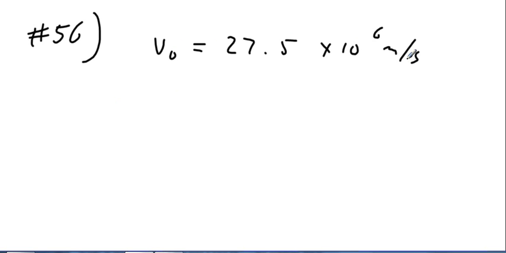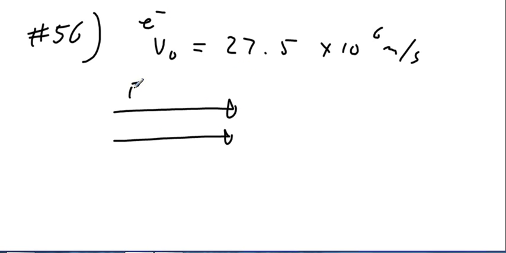It's traveling parallel to a uniform electric field. Okay, so this is an electron. I got some uniform electric field, and it's 11.4 times 10 to the third newtons per Coulomb.